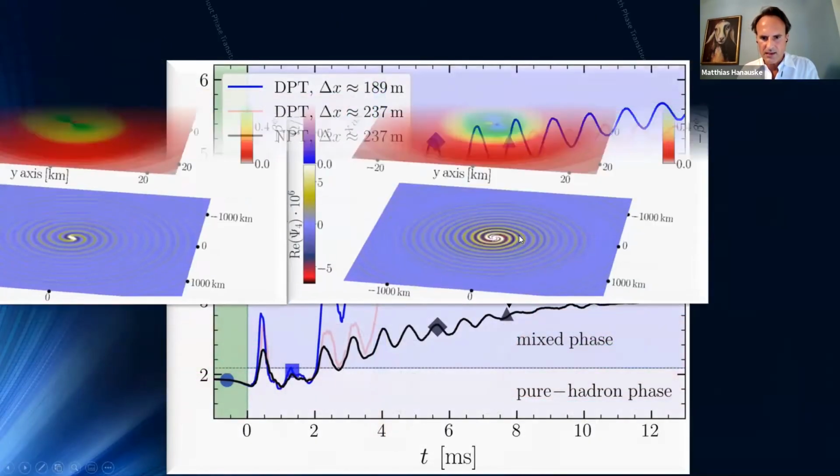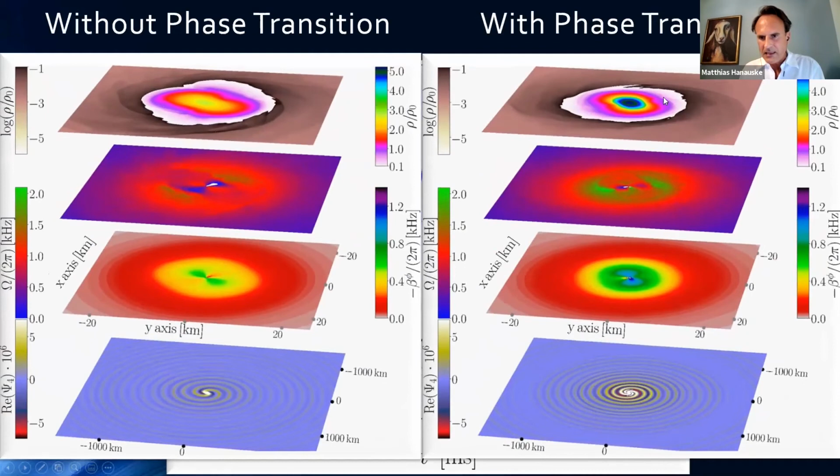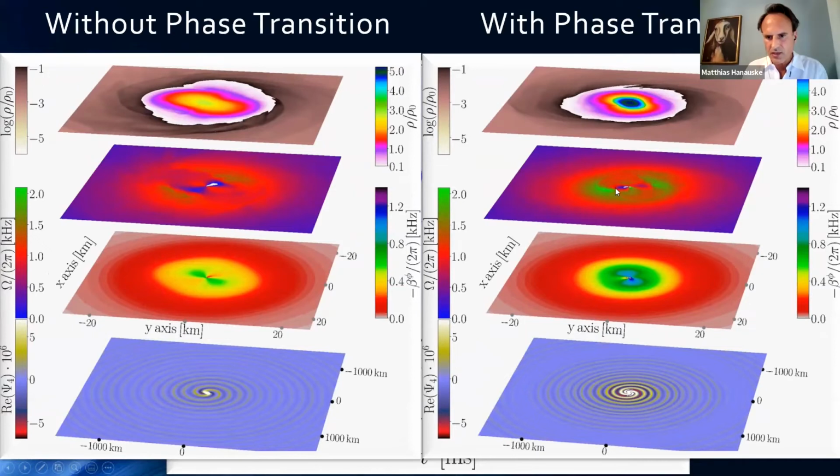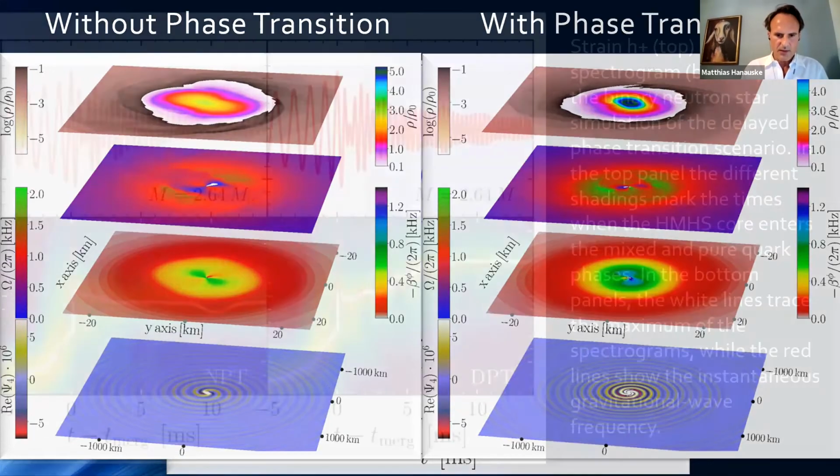Now we look at this point over here. Here, with phase transition: the density, the omega profile, the differential rotation profile, the frame dragging frequency, and here the emitted gravitational waves. And you can see by eye that you get a higher frequency emitted from this simulation with a phase transition.